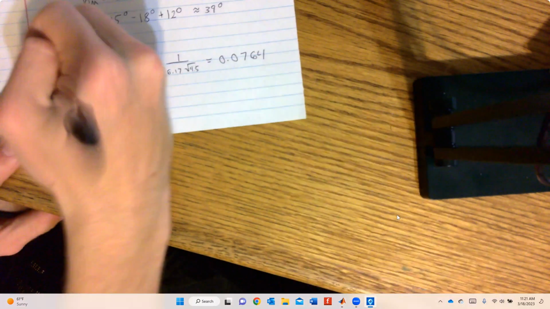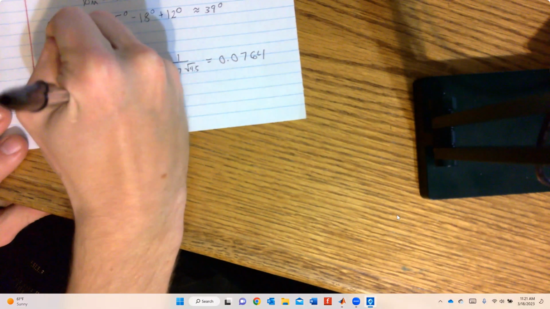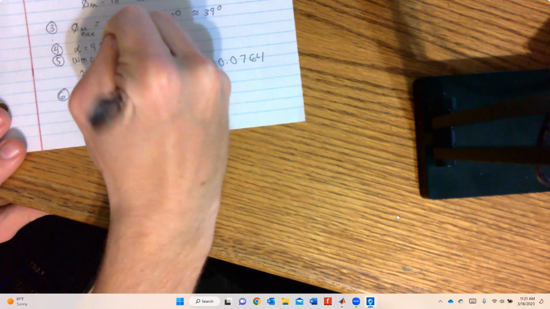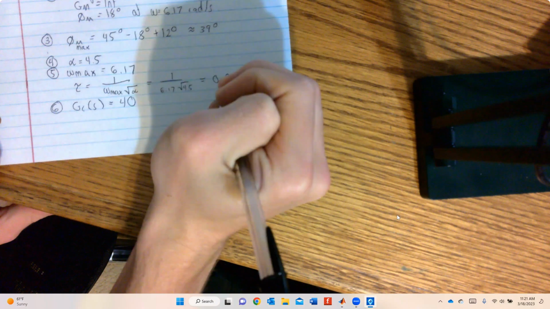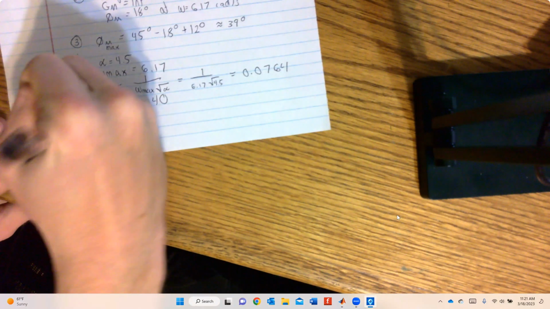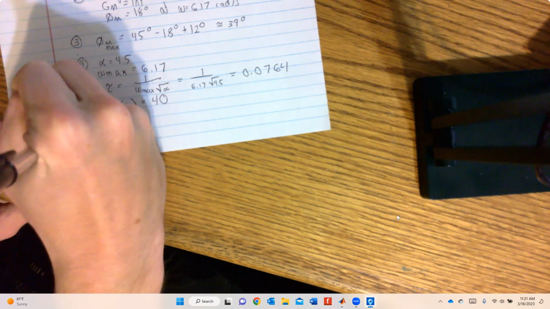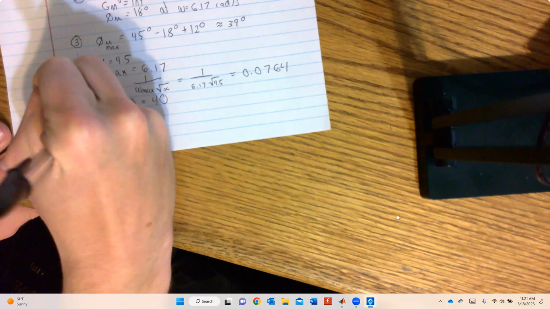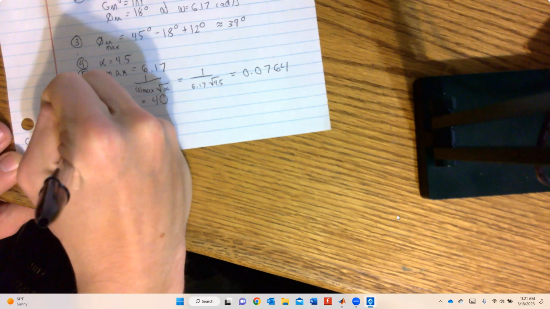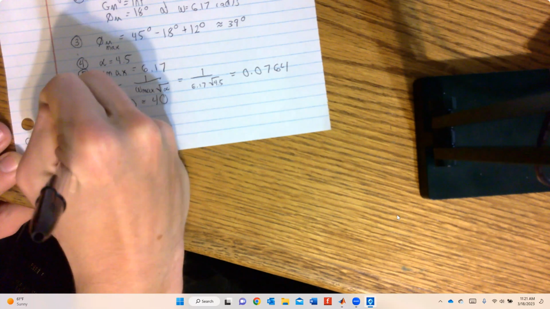And now that you have that, you're going to make your compensator. So your compensator, which is GC of S, we knew the KC from the beginning, which is 40. And remember, your compensator, I'm just going to write this on the side, your GC of S follows the format KC times (alpha tau S plus 1) all over (tau S plus 1) in the denominator.